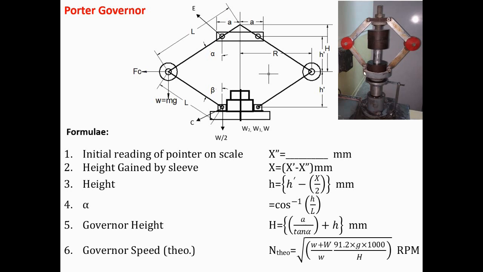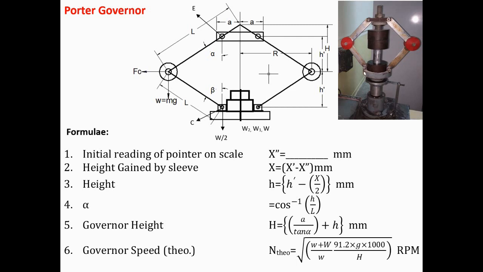This is the schematic drawing of the Porter governor. The following formula is used to calculate the governor's theoretical speed. Initial reading of the pointer on the scale can be read from the machine in millimeter, that I will show you in the next video.